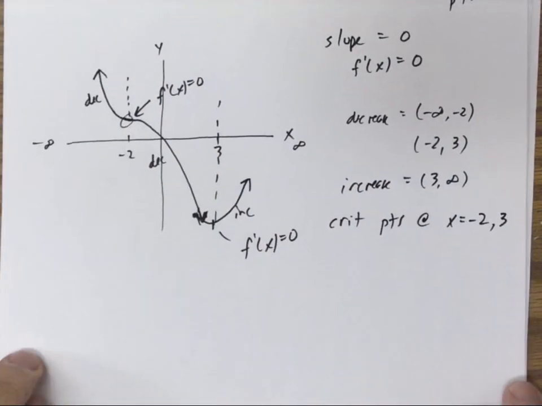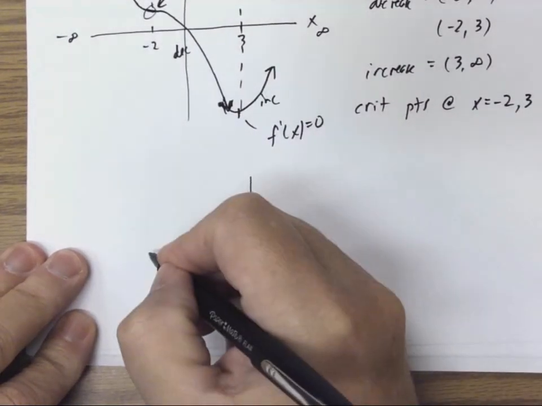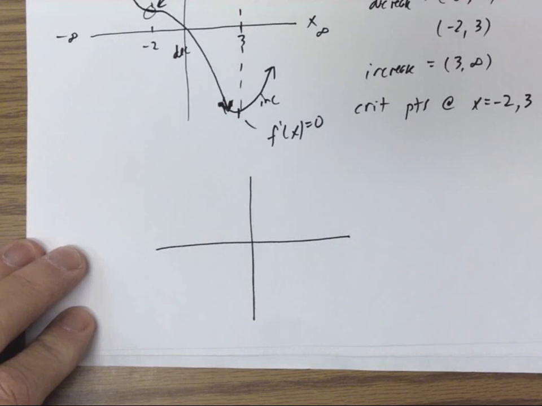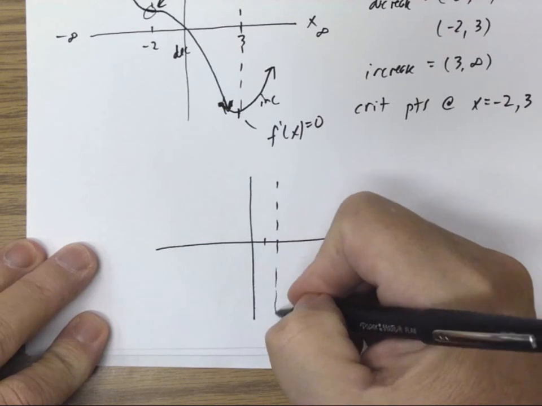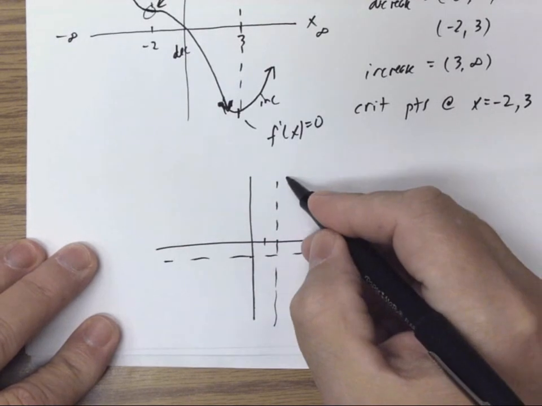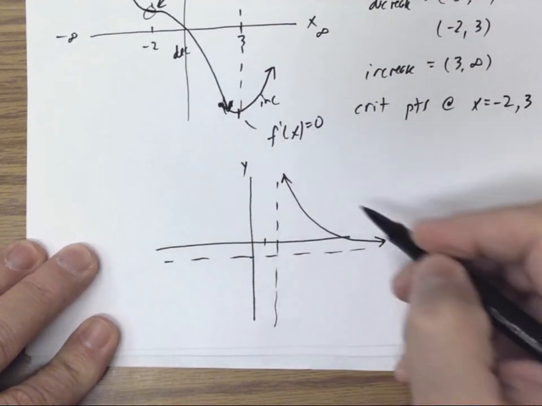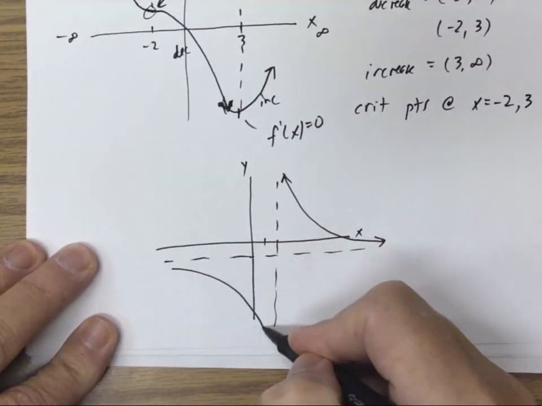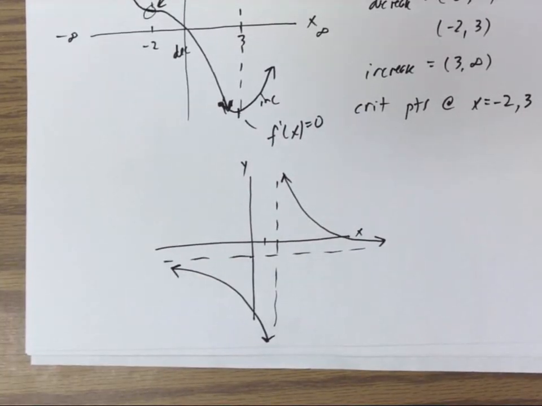And one last quick example that we occasionally face. How about we have some kind of graph like this, and you're asked to say where is the graph increasing or decreasing.